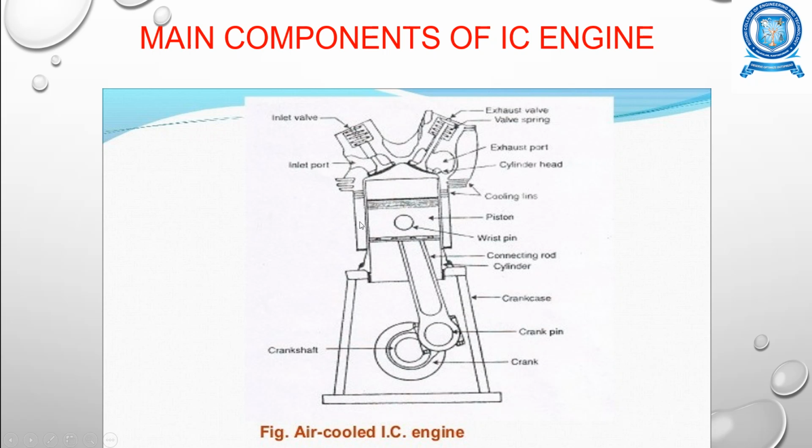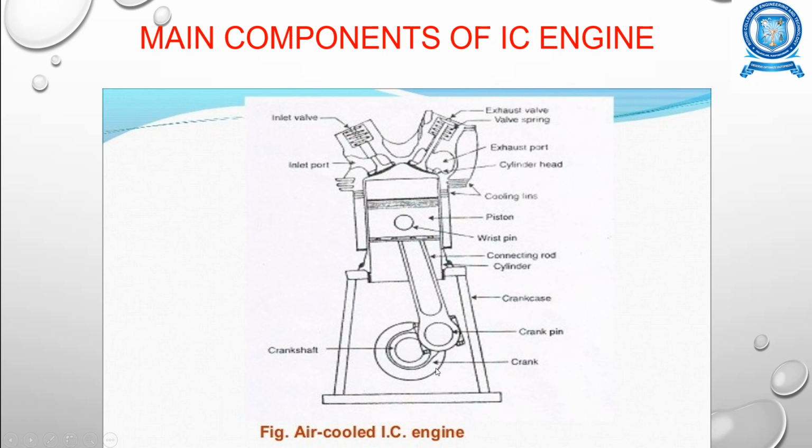This is a cylinder in which you have the piston which moves up and down, and this piston and the crankshaft are connected by means of this connecting rod. A wrist pin is used to connect the piston and the connecting rod at the top, and a crank pin is used to connect the bottom part of the connecting rod with the top of the crankshaft.